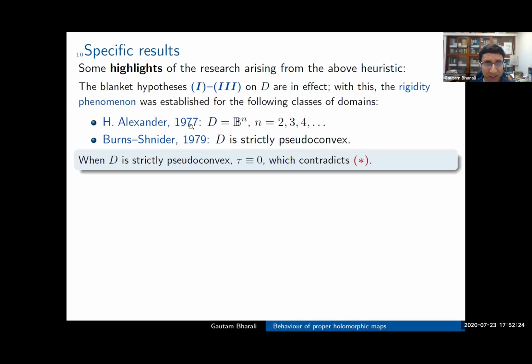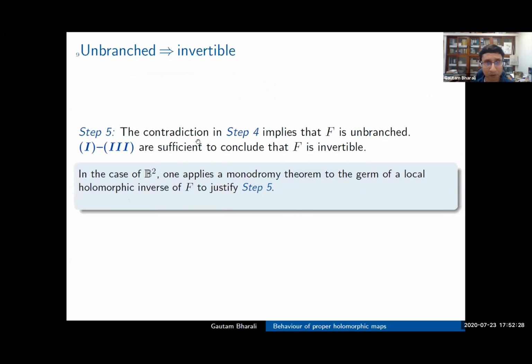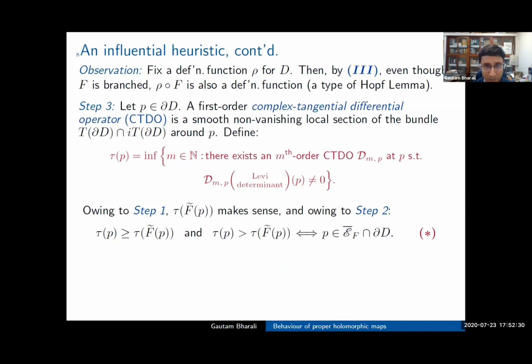But now let's look at star, well, let's look at the definition of tau sub p. You see our Levi determinant, right on the nose by strict pseudoconvexity, is non-vanishing. So this tau sub p is going to be 0.